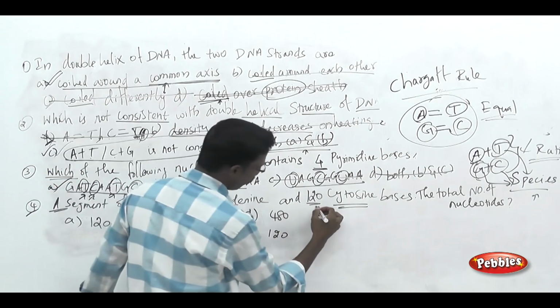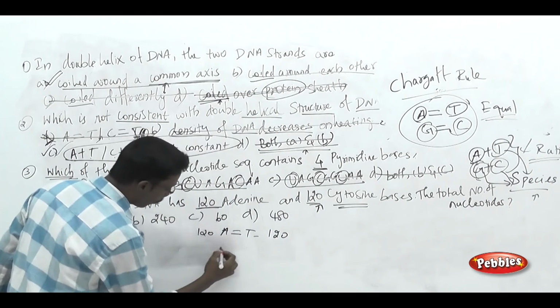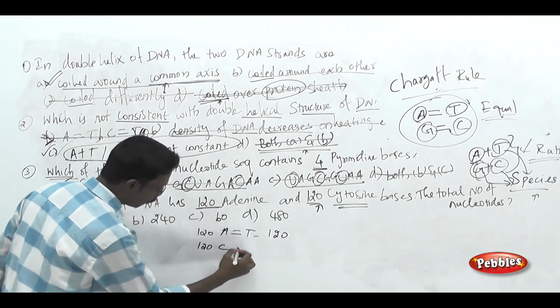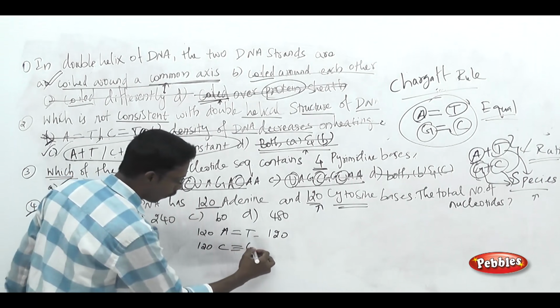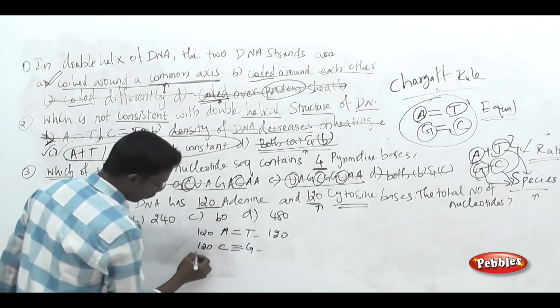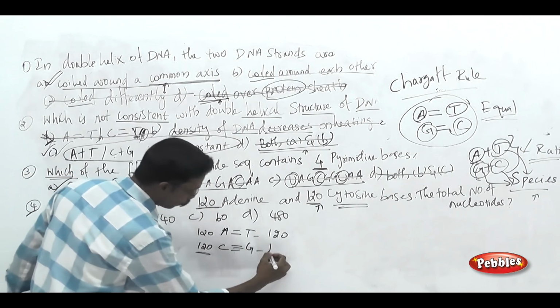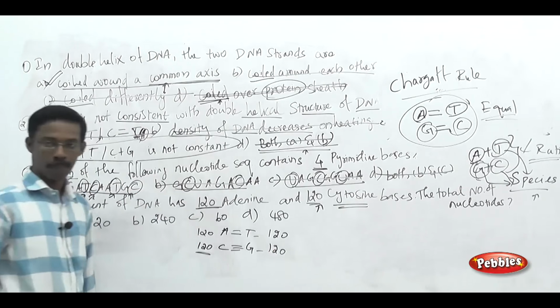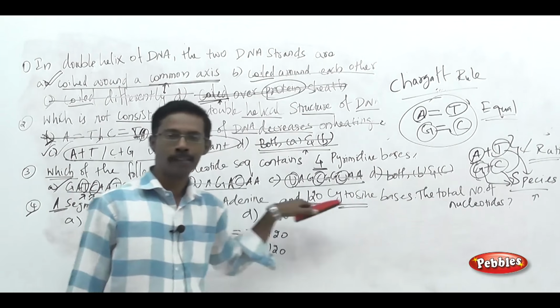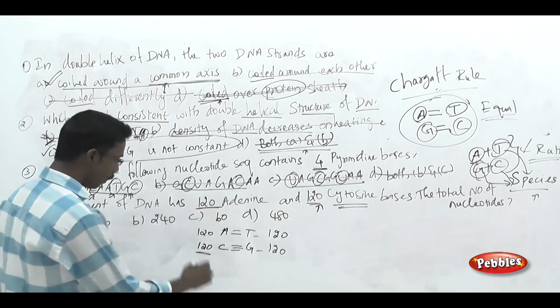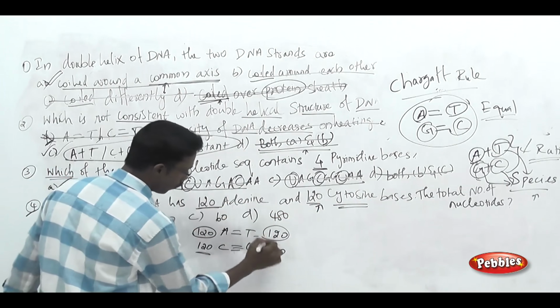Another hint over here: the number of cytosine is 120. Cytosine always pairs with guanine. So the number of cytosine over here is 120, so the guanine must be 120. And the question is the total number of nucleotides in the particular sequence. You are going to add up all the things.